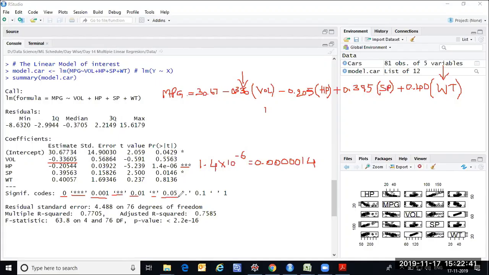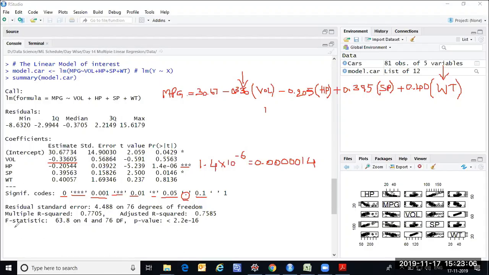The values which are very close to the alpha value, the significance level, 0.05, will be represented with a dot. So whichever is more than the significance level will be represented with blank quotes. Okay.